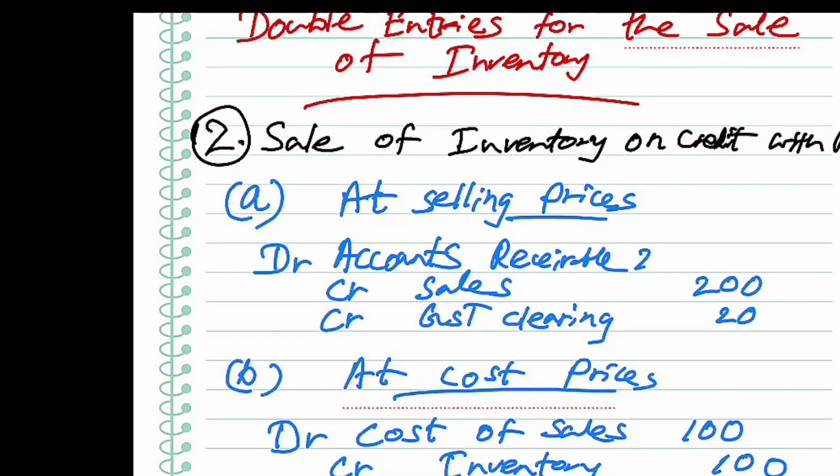Where do we credit? Sales 200. Again GST clearing 20. That's part A.